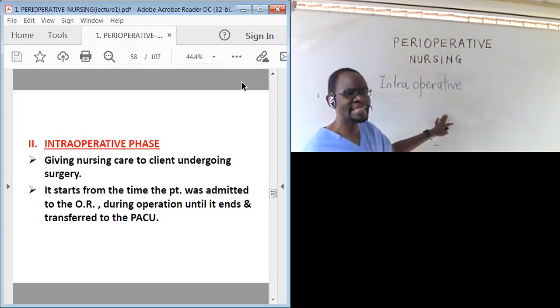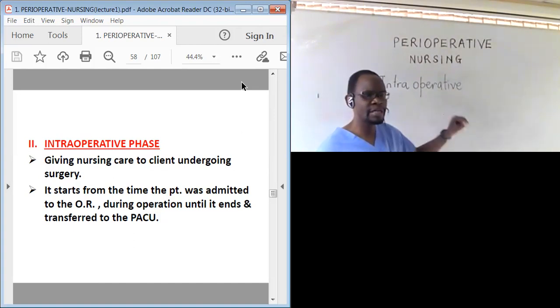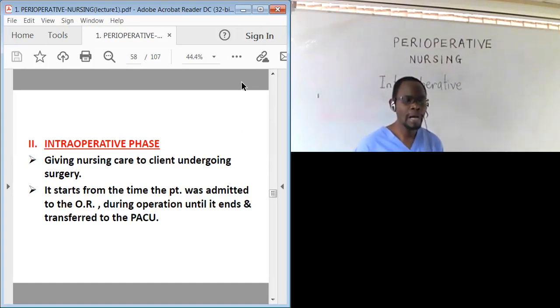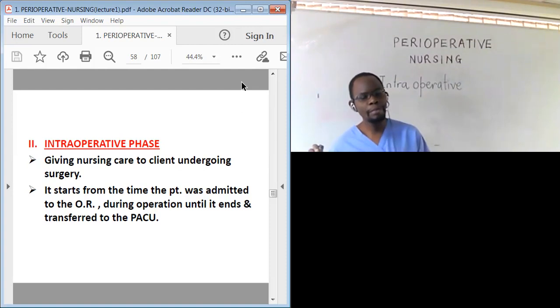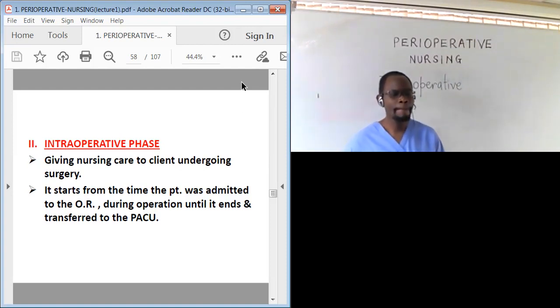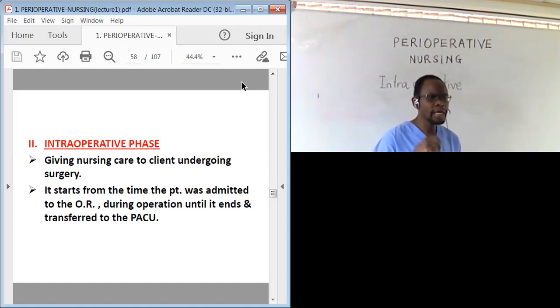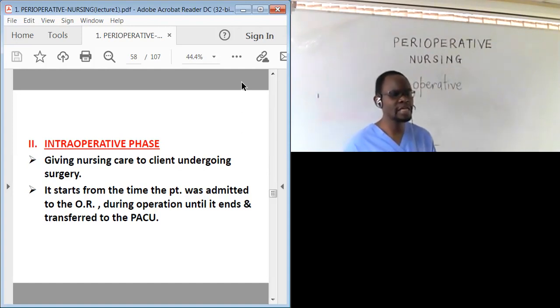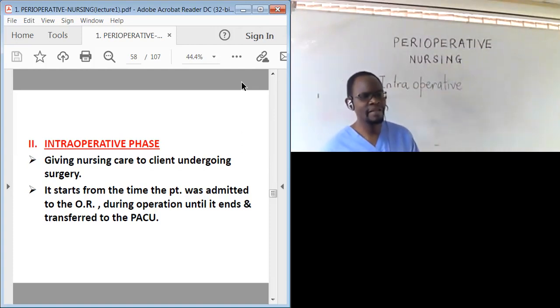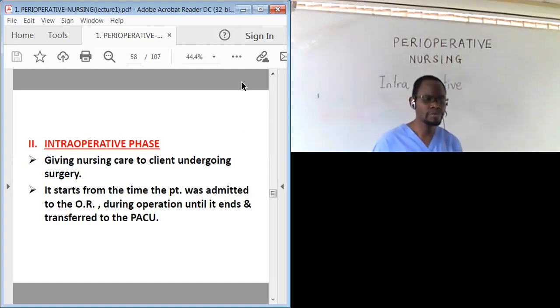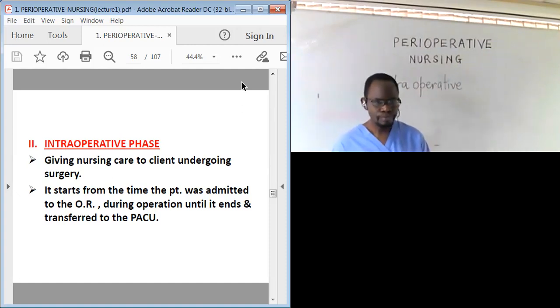It starts from the time the patient is admitted into the operating room until the patient is transferred to the post-anesthesia care unit, or what we refer to as the PACU.